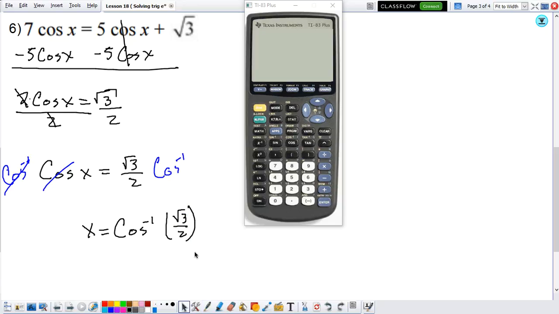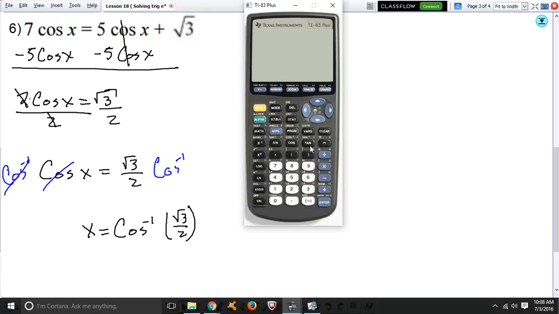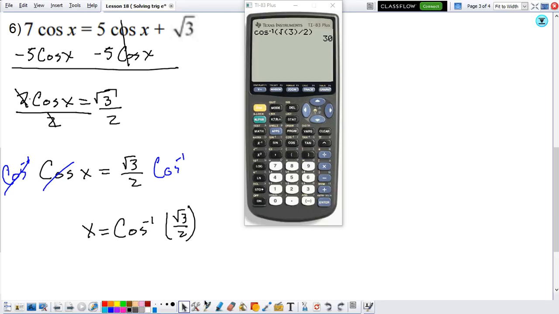So let's find that out. What is this value on the calculator? So now we're going to have inverse cosine, square root of 3, close parenthesis, divided by 2. When you put in a square root, make sure that this parenthesis belongs to this square root. So now we have that x is equal to 30.